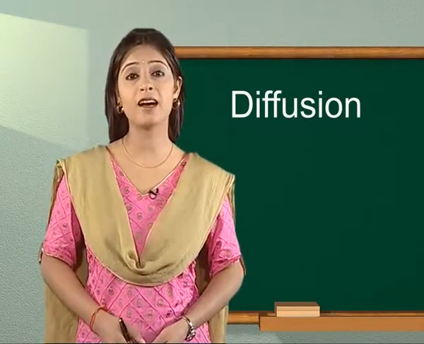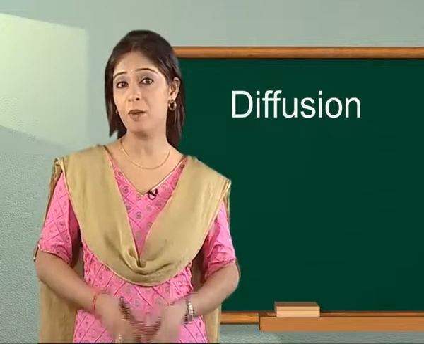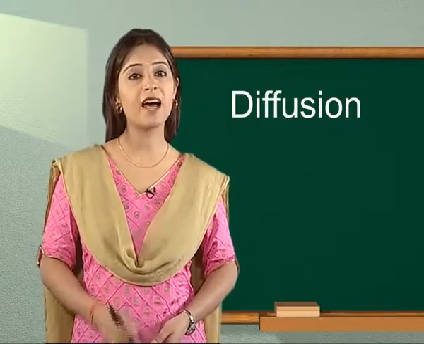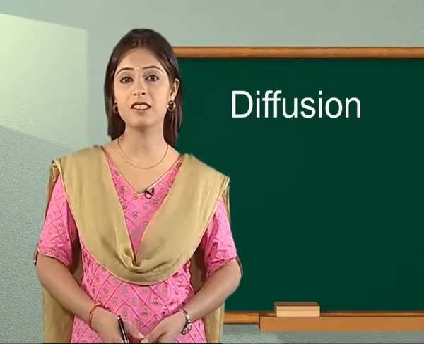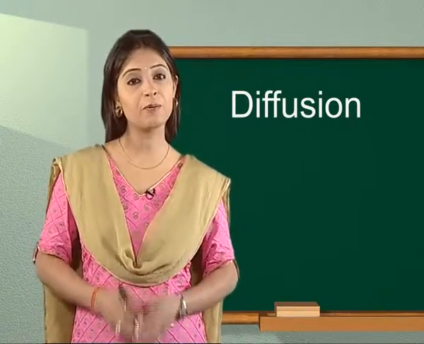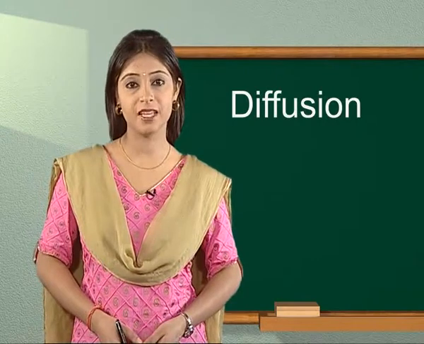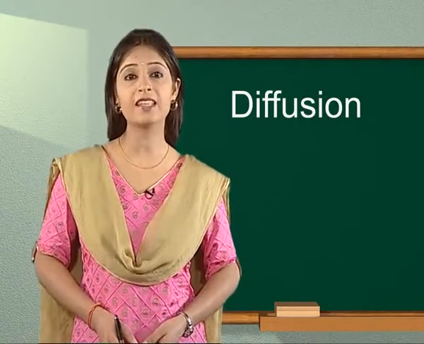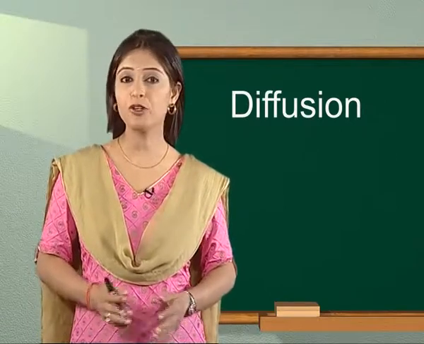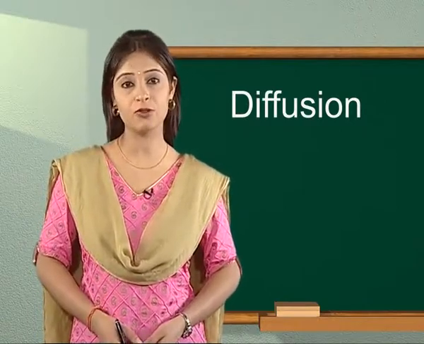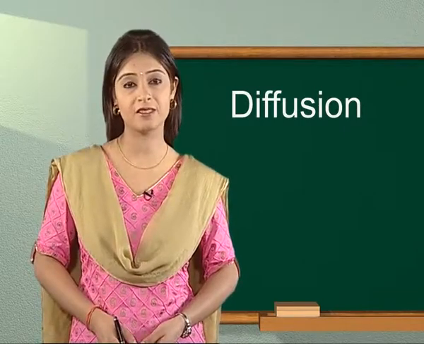In case of plants, diffusion is a very important process because plants transfer food particles from phloem and water particles from xylem through the process of diffusion. They take up carbon dioxide and release oxygen through diffusion. Photosynthesis also includes diffusion in a number of steps.